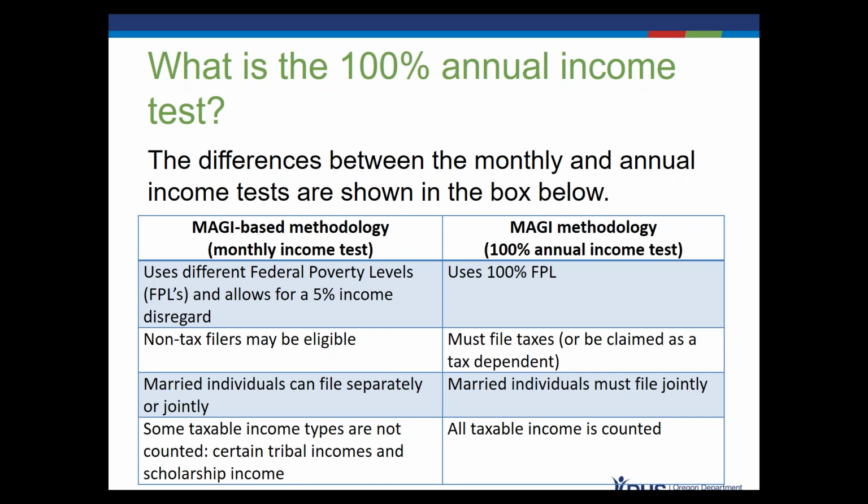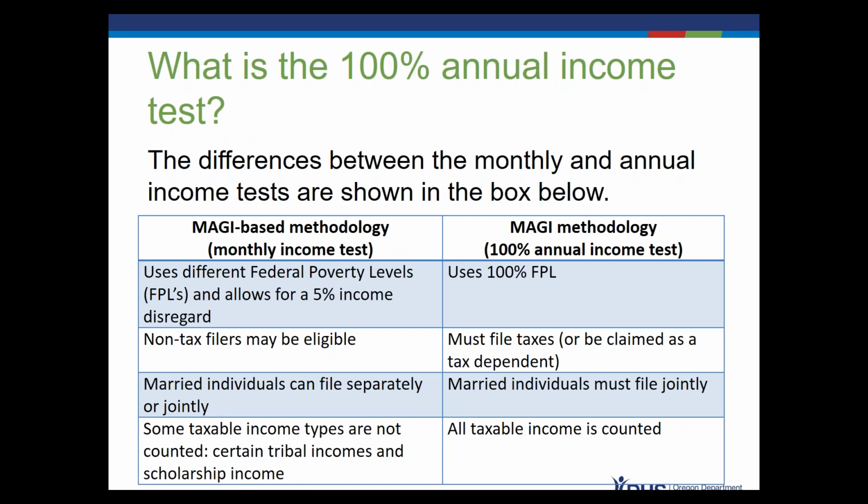When it comes to the annual income test, however, no matter what your demographics are, we are using a 100% federal poverty level. So that applies to children, pregnant women, adults, whole 9 yards. Another difference is that people are not required to file taxes in order to be eligible based on our monthly standard.